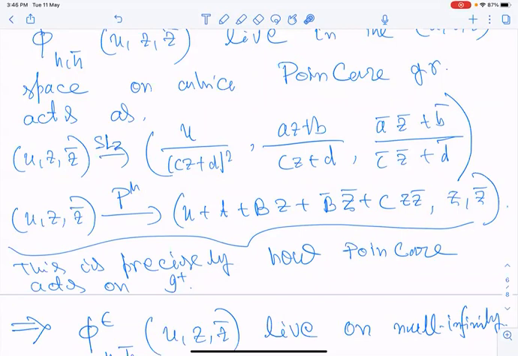And yes, we start with the P space, but at the end of the day, we end up with scri plus, which is a part of the real space. So this is like saying that for each configuration in momentum space, there is a point on null infinity in real space. Yes, that is exactly the statement.